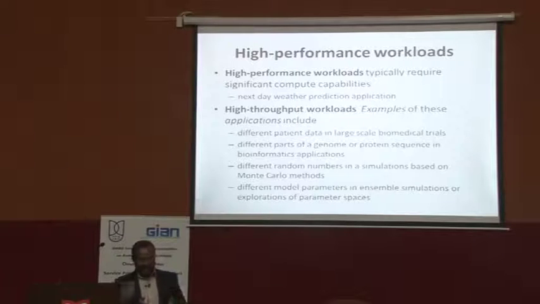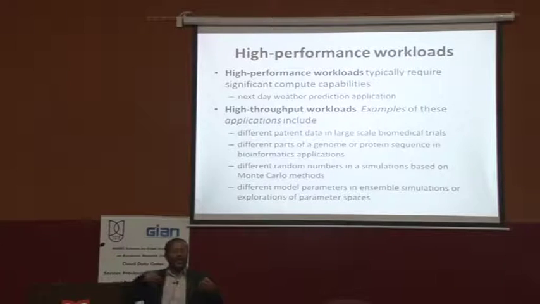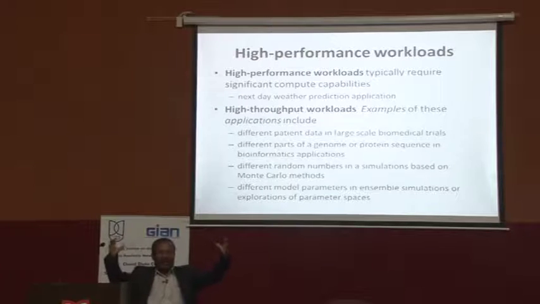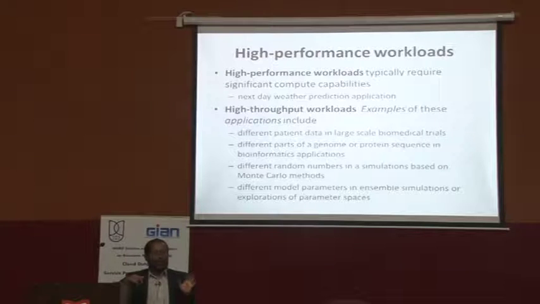Applications like weather prediction, where you actually need the result at the same time. You give the whole data to the tasks at the same time, and you will get the good result. Examples of high throughput workloads are different patient data in large scale biomedical trials. You give small patient data first, and you try that.